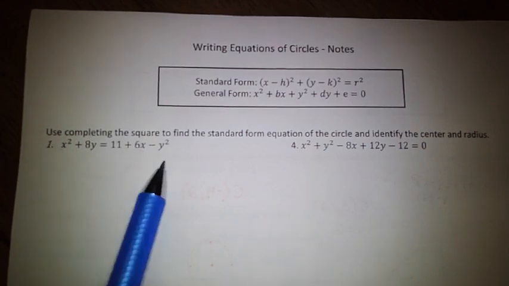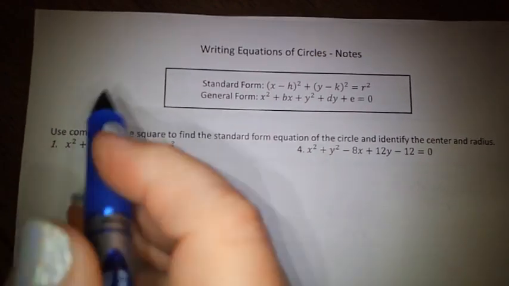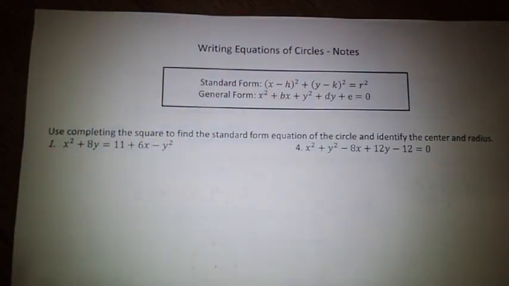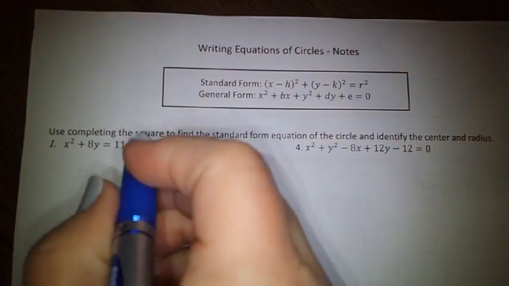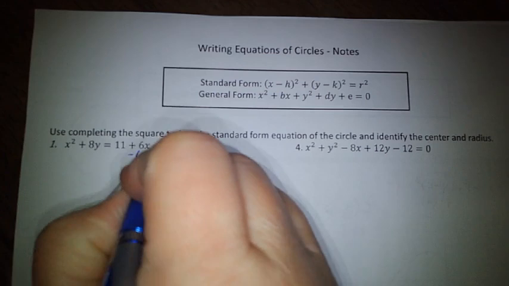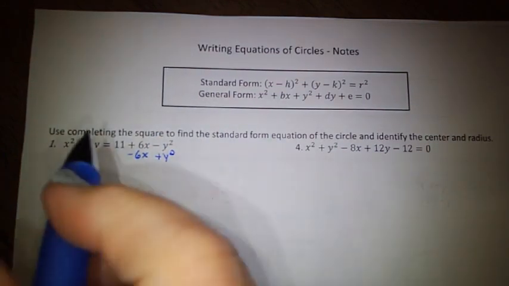The first thing we want to do is take the equation they've given us and move everything to the same side, except the constant. So I'm going to subtract 6x, I'm going to add y squared, so that the only thing on the right is that 11.